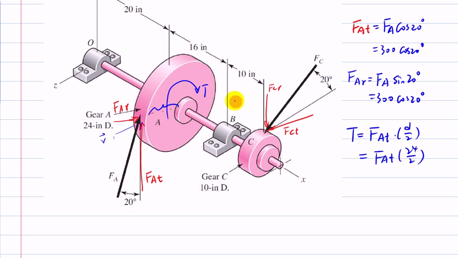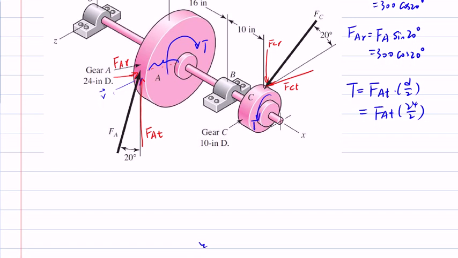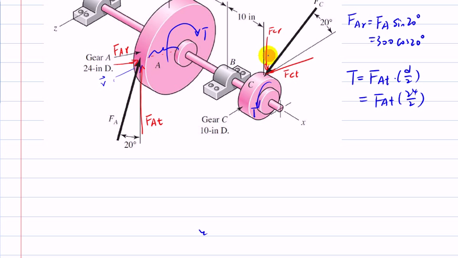Now the system is in equilibrium, so you will have a torque from this direction due to the force over here. That's why you can keep it balanced. So let's go back to this gear here. What do we have over here? For this gear, the tangential force is FCT, equal to FC cosine 20 degrees.